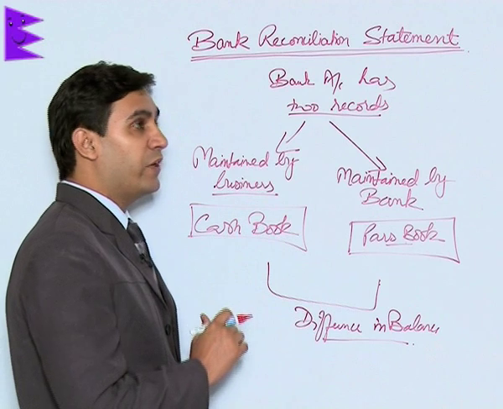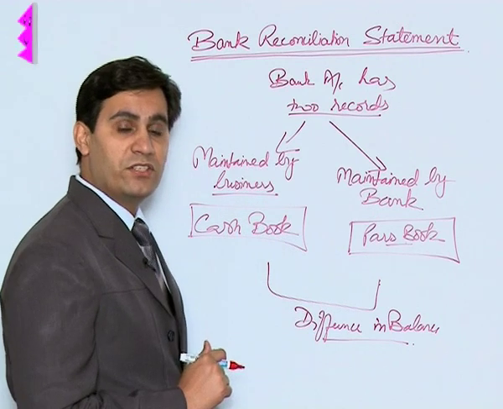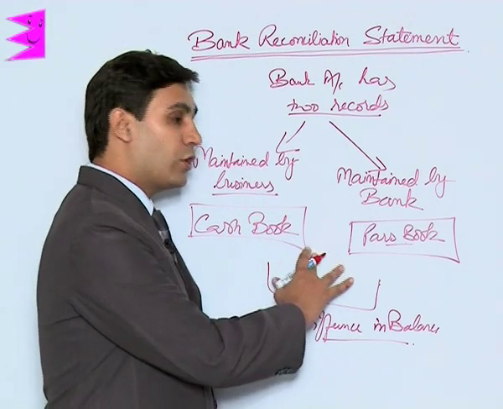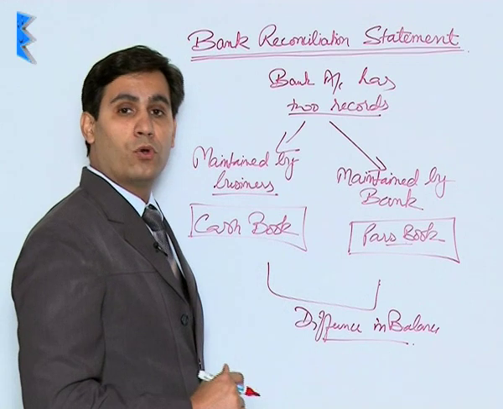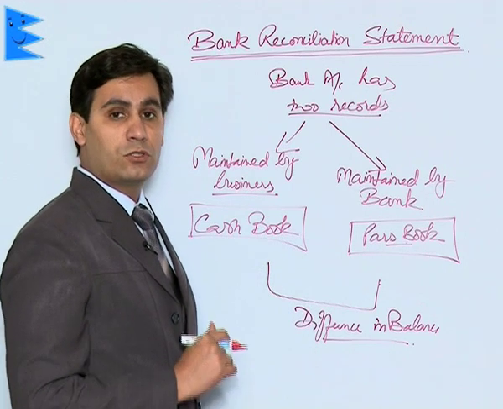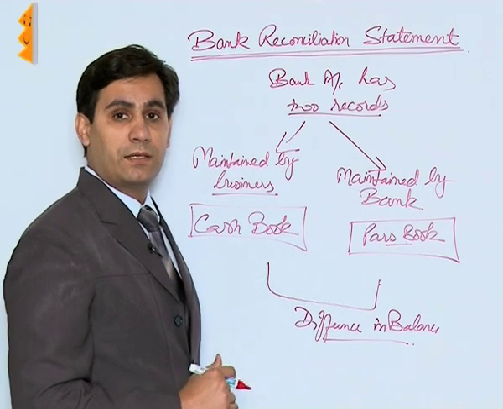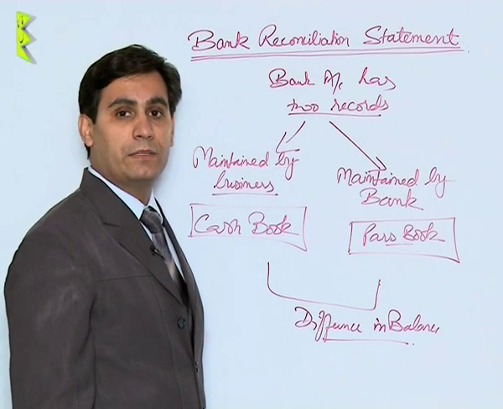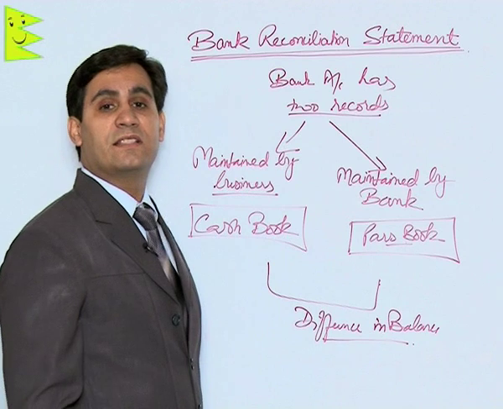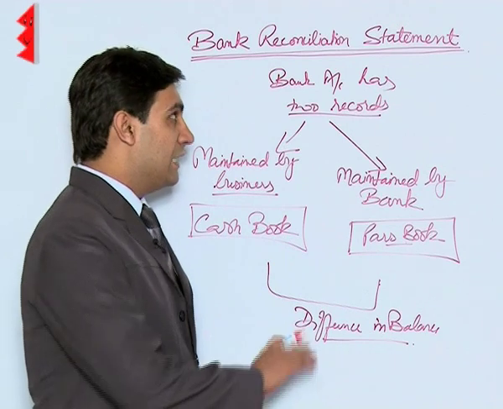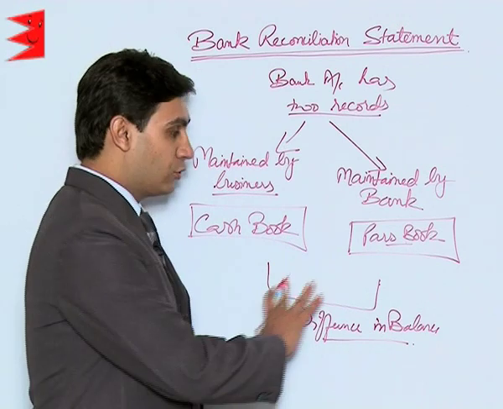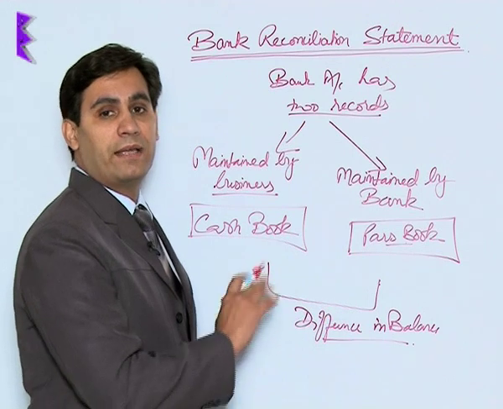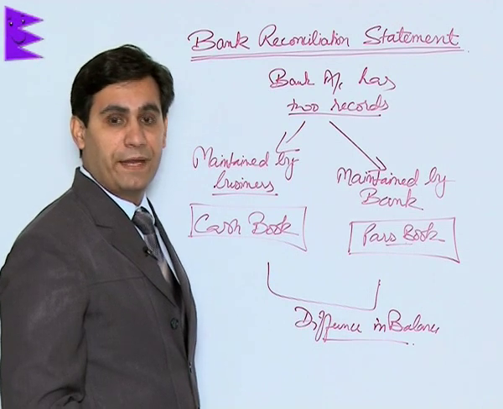So what is the need for reconciliation? The need for reconciliation arises because there are two records which at times show different balances. So just to make sure that nothing is missing, that is in the form of frauds or in the form of embezzlement by the employees, or there is a genuine omission, there is a need to reconcile these two books, and hence the bank reconciliation statement is prepared.